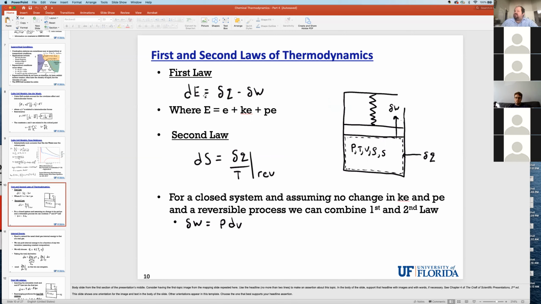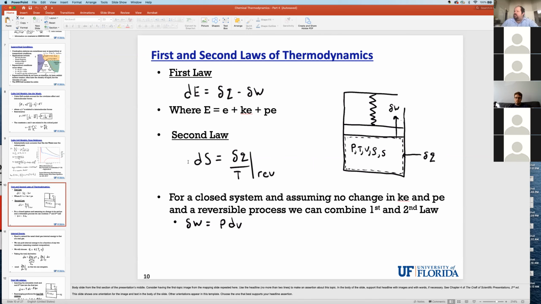The first law states that the change of energy in a system is equal to the amount of heat going in minus the amount of work going out, where E includes the effect of internal energy, small e, plus the kinetic energy, plus the potential energy. You could have a control volume that is moving or not moving, but that's just the first law for that system.